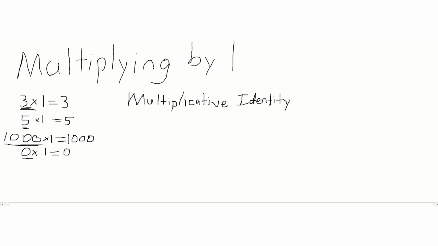Addition has a similar property. But instead of multiplying by 1, you're adding by 0. So, for example, 7 plus 0 equals 7. Or 9 plus 0 equals 9.